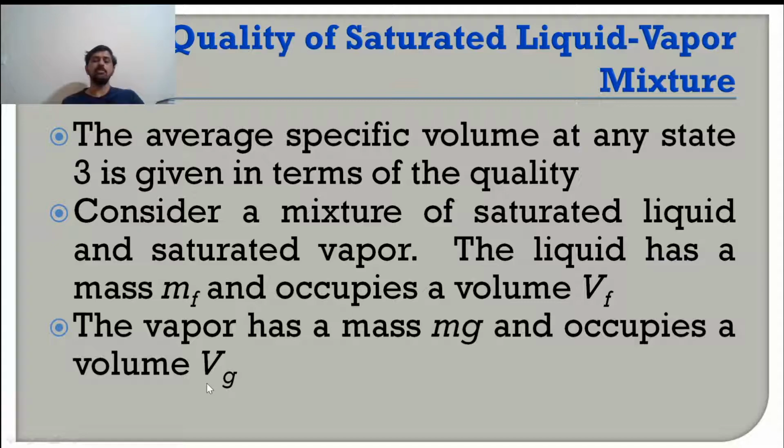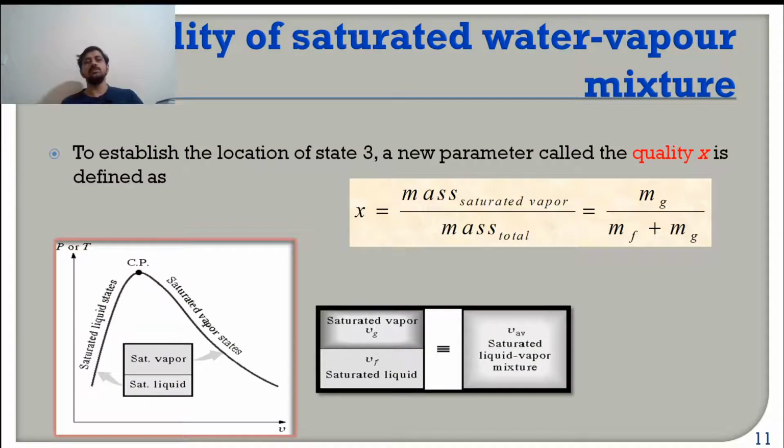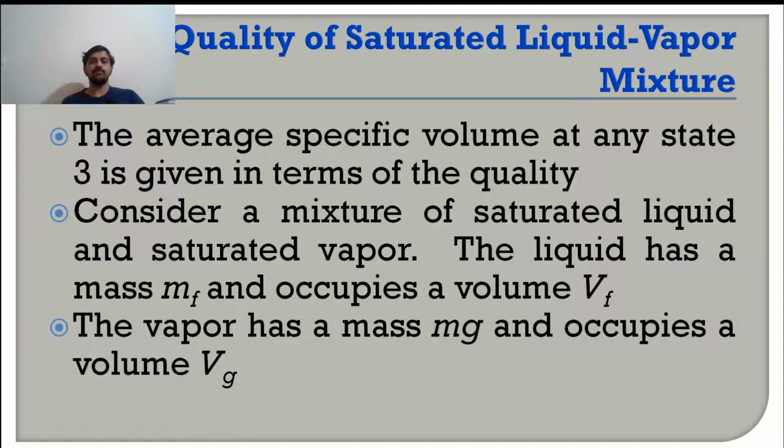Liquid and vapor, it is a mixture. So liquid has a mass of mf and vapor has a mass of mg. Similarly, volumes are Vf and Vg. Now to establish the location of state 3, we don't know how much liquid and how much vapor there is at that particular point.